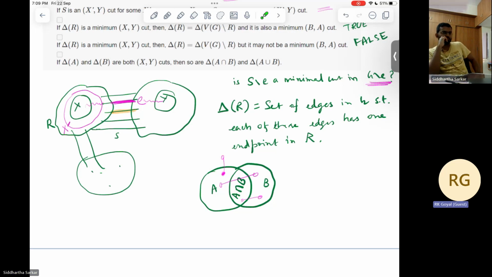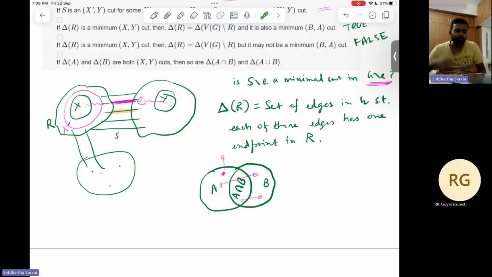So if their cardinalities differ, then it is not necessary that their intersection would still be a cut. However, their union will definitely be a cut. If you remove more edges, then clearly it is going to be a cut.